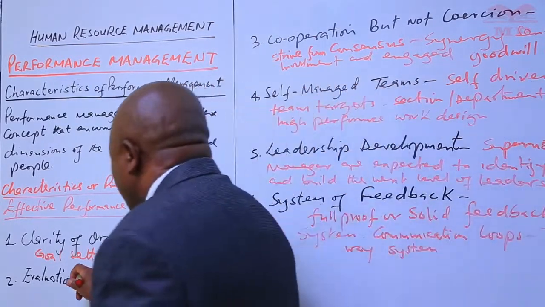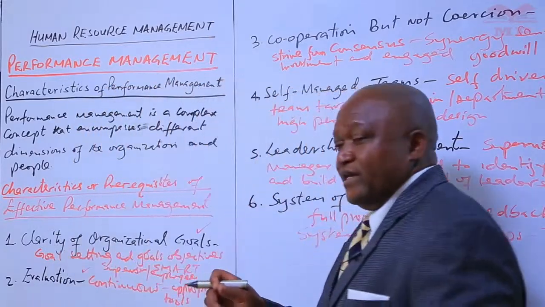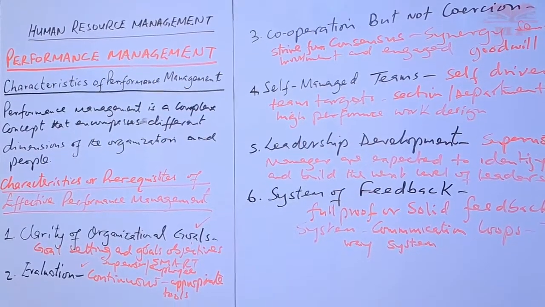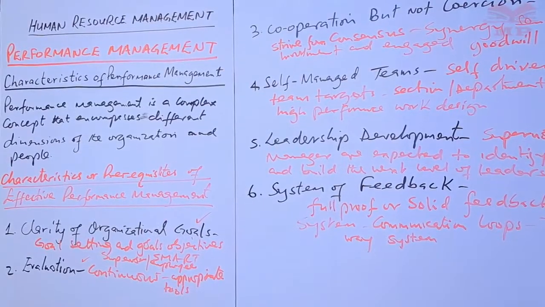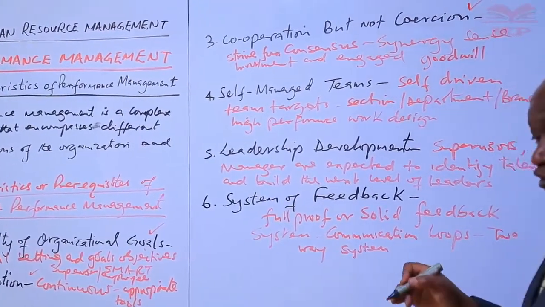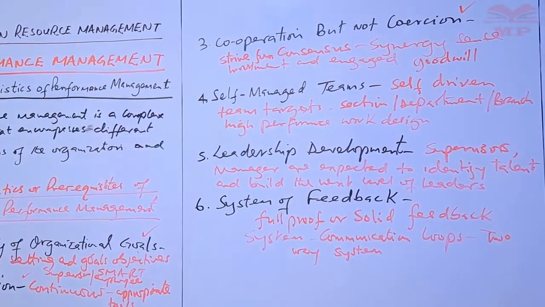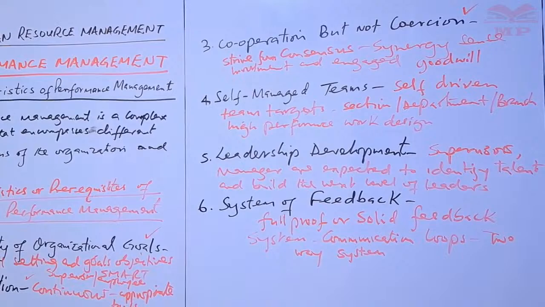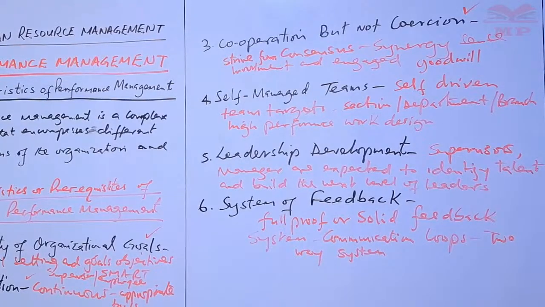Then, number two, there should be a continuous process of evaluation of what is taking place in a given organization. And number three, there has to be cooperation but not coercion when it comes to management-worker relationship, where an organization should strive for consensus in order to tap into synergy.